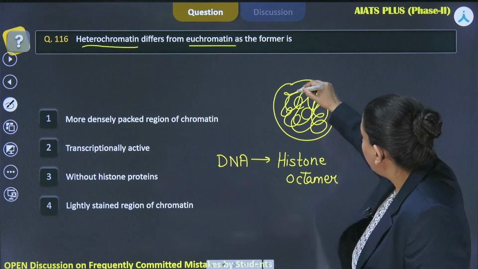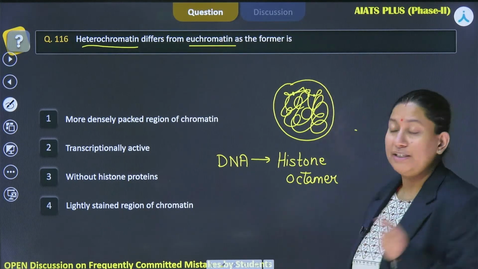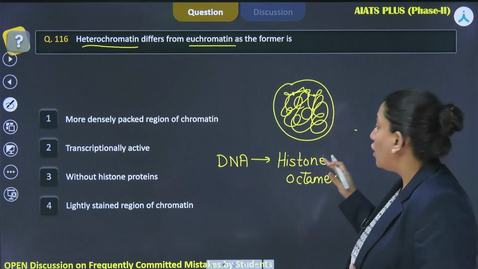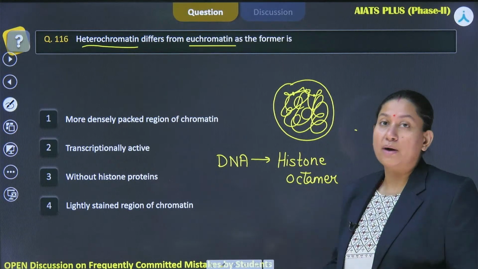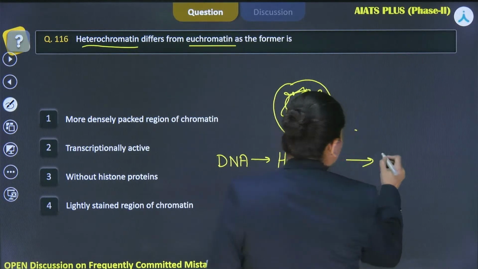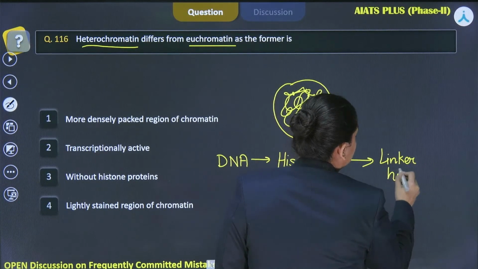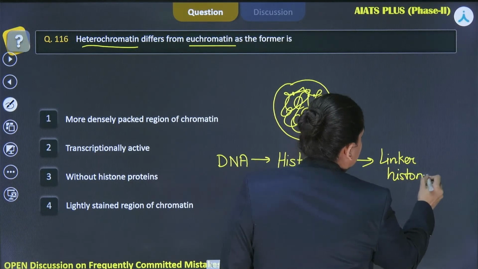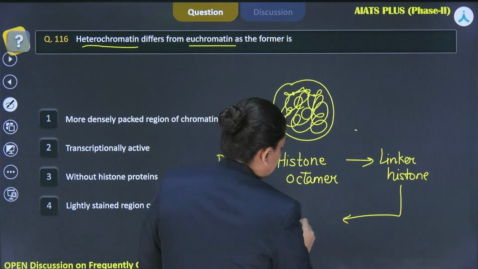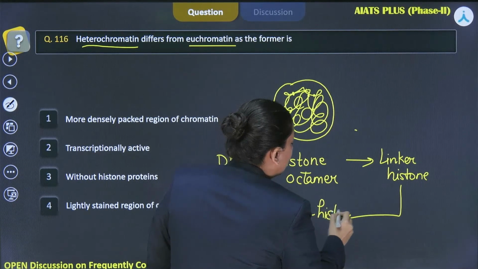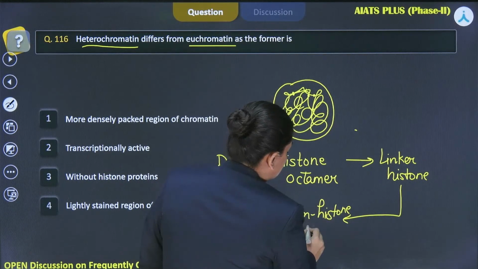You'll be finding certain beads over here. So these beads are basically representing the nucleosome. This condensation further requires, after this, linker histone, and further after this we need certain non-histone proteins as well, right, in order to perform this condensation.